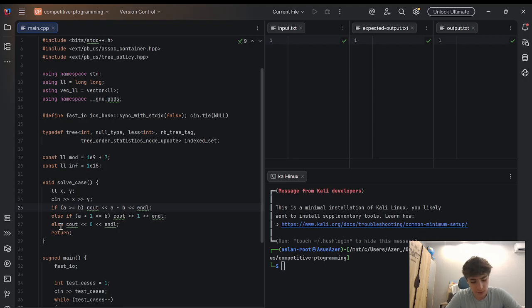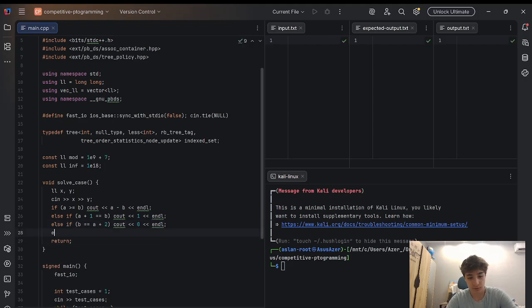Now I don't have any idea how to solve this task. I understood the first statement, I understood the second statement. For example, else if b equal to a plus 2, then it's going to be 0.